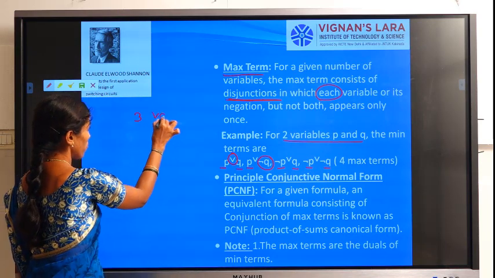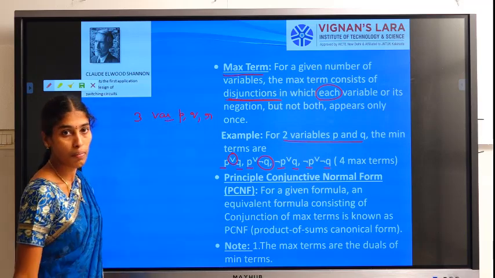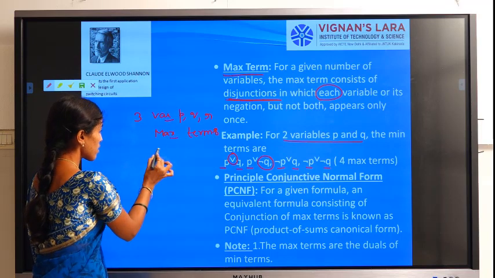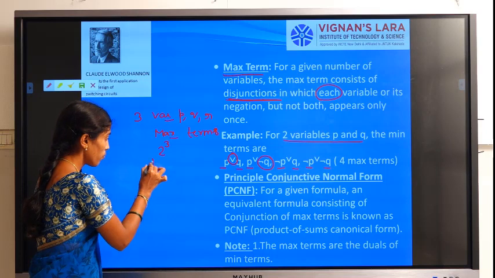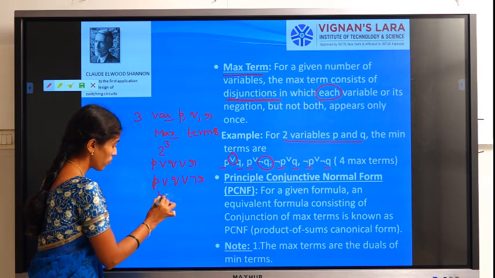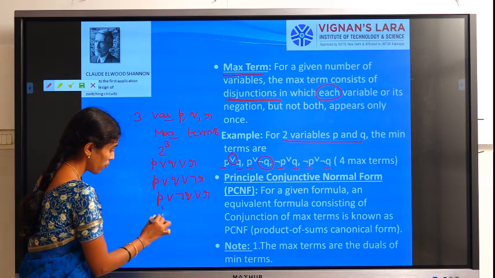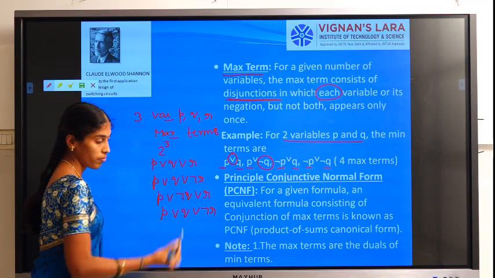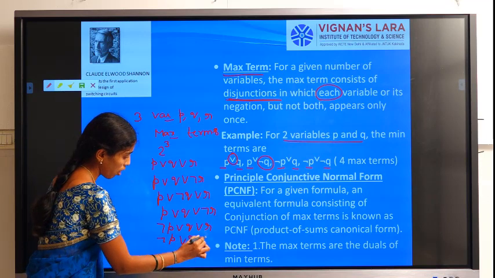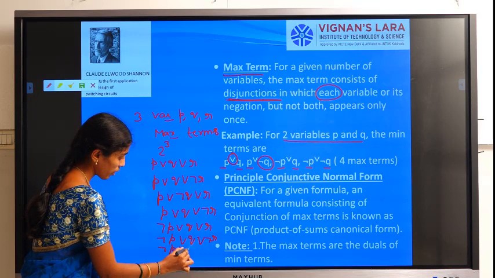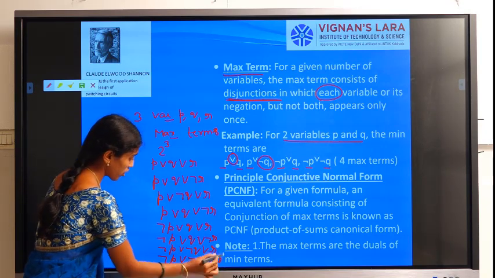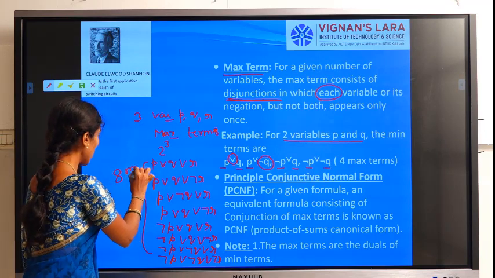Now coming to three variables P, Q, R. We get 2 cubed max terms: P OR Q OR R, P OR Q OR negation R, P OR negation Q OR R, P OR negation Q OR negation R, then negation P OR Q OR R, negation P OR Q OR negation R, negation P OR negation Q OR R, negation P OR negation Q OR negation R. These are 8 max terms.